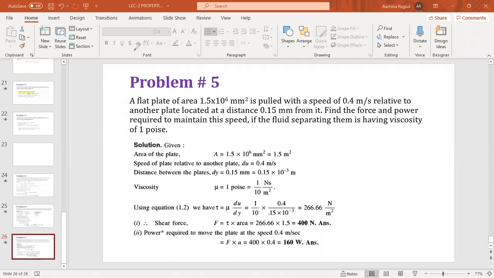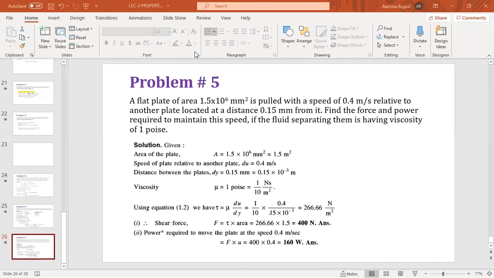Those plates are 0.15 millimeter from one another, and the upper plate is being pulled with a speed of 0.4 meter per second, and the area of the plate is 1.5 × 10⁶ millimeter square. You have to determine the force and the power which is required to maintain the speed, if the fluid separating them has a viscosity of 1 poise.